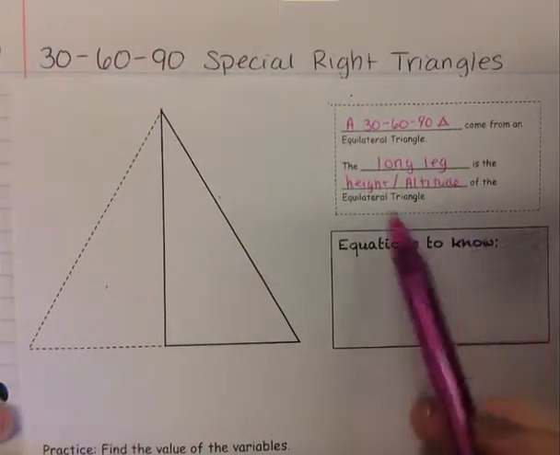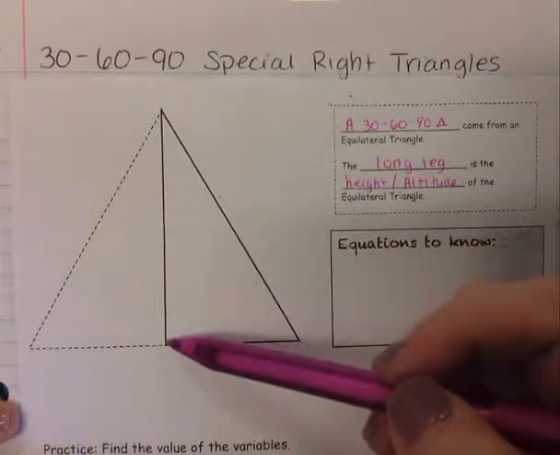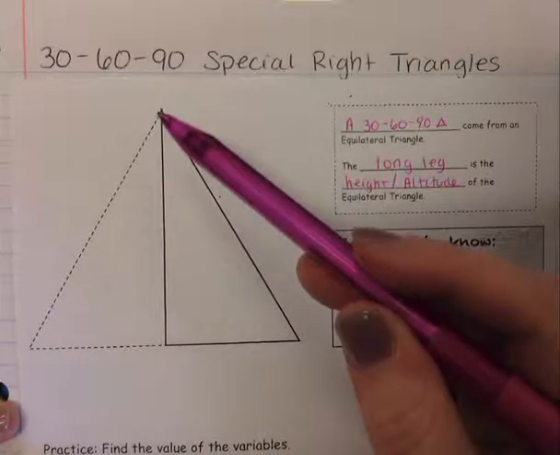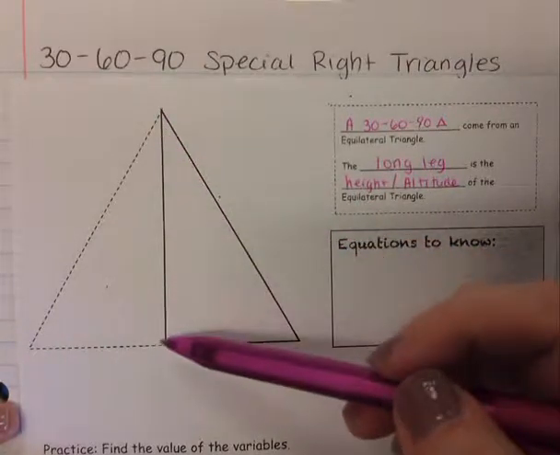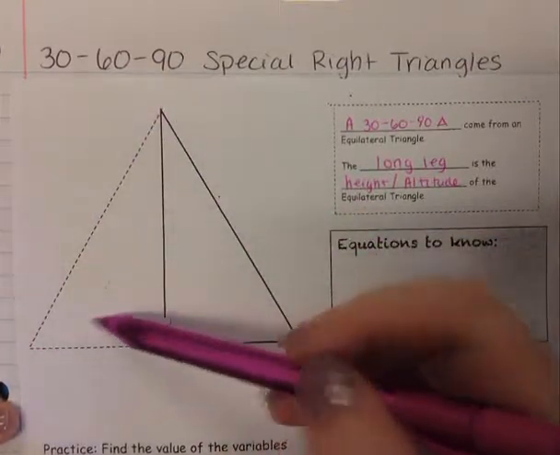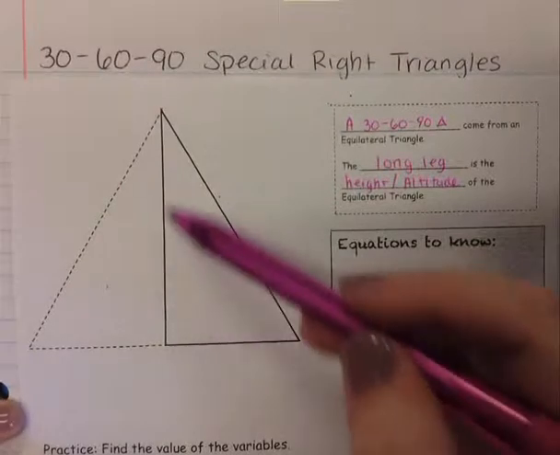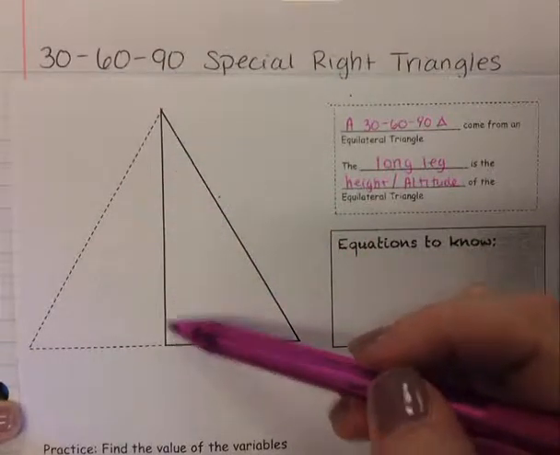So what that means is the height is that perpendicular aspect. It's going from the right angle straight up. That is the altitude. That's the height of your triangle. This is the long leg of the equilateral triangle. It's not necessarily the height of your right triangle, but it is the height of your equilateral triangle.